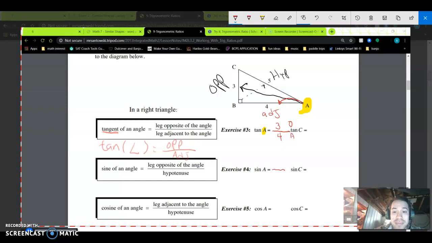Now sine, if we look here, sine of an angle, which we abbreviate as SIN, is equal to the opposite leg over the hypotenuse.